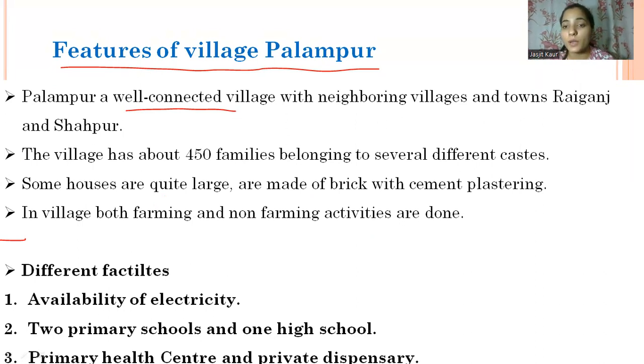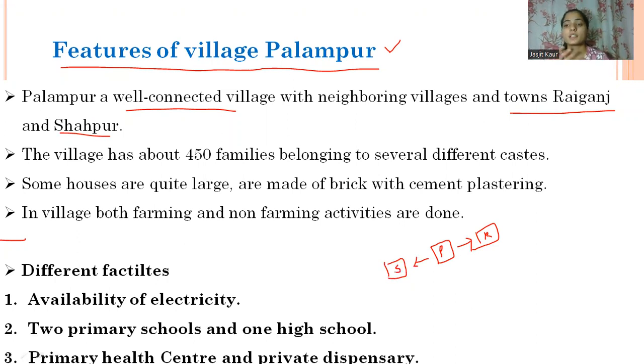You have to remember that this village is connected with two towns or villages, Raiganj and Shahpur. So suppose this is village Palampur. On one side we have Raiganj, and on the other side we have Shahpur.